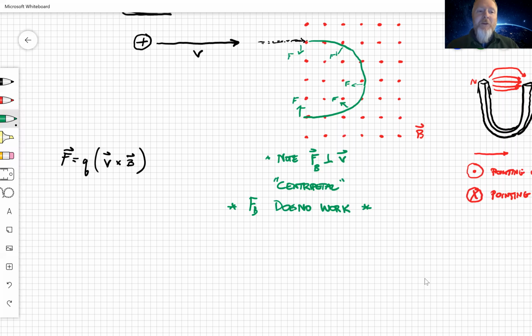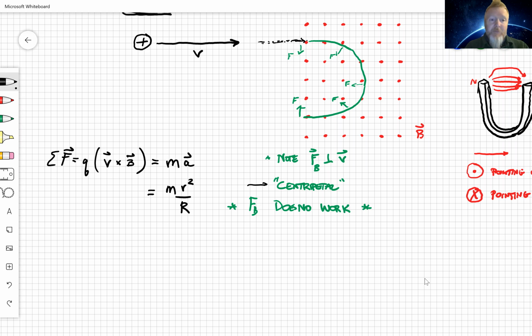Okay. So here's what I want to do with this problem. Since the magnetic force is centripetal, if I use just regular good old Newton's second law, and I say that this is the only force acting, so the sum of forces is the same as the magnetic force, I'm going to set that equal to ma. But it's centripetal, so I'm going to set it equal to mv squared over r.